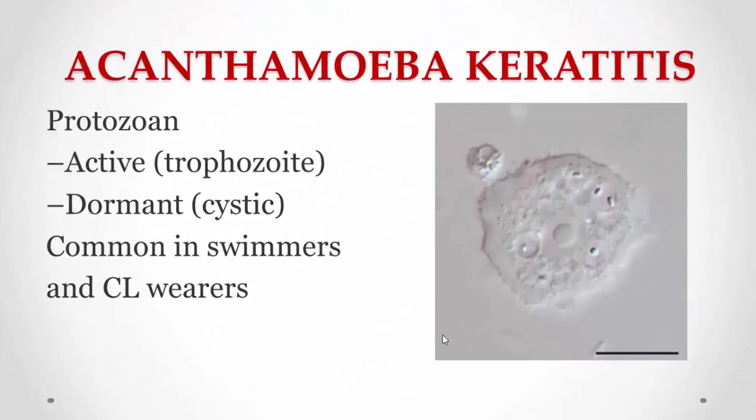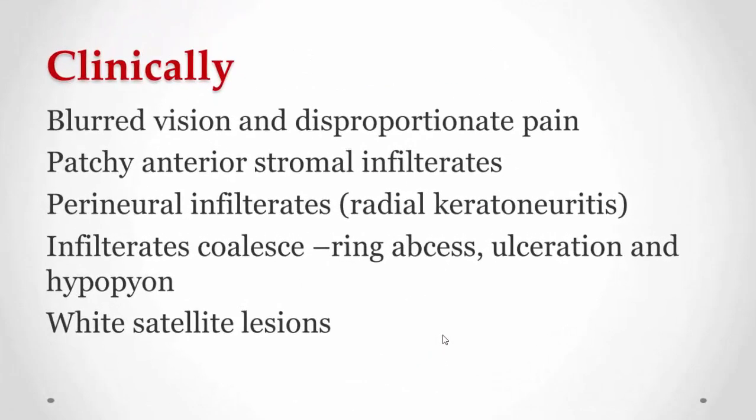Acanthamoeba keratitis, one of the protozoa which causes infectious keratitis. Its active form is called trophozoite and its dormant form is called cyst. It is common in swimmers and contact lens wearers. Clinically, it is characterized by blurred vision and pain disproportionate to the clinical picture.